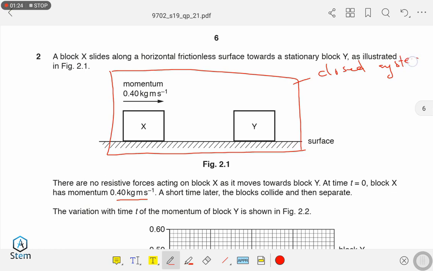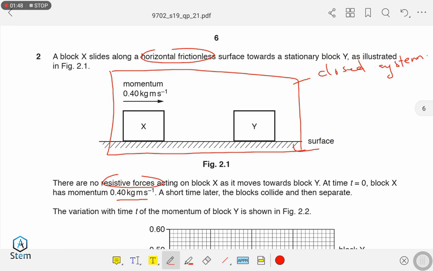It's not mentioned, but it's true. The surface is frictionless. Okay, it is mentioned here. We can also see it here. The surface is frictionless, and the forces like drag, air resistance, they are negligible in this situation.